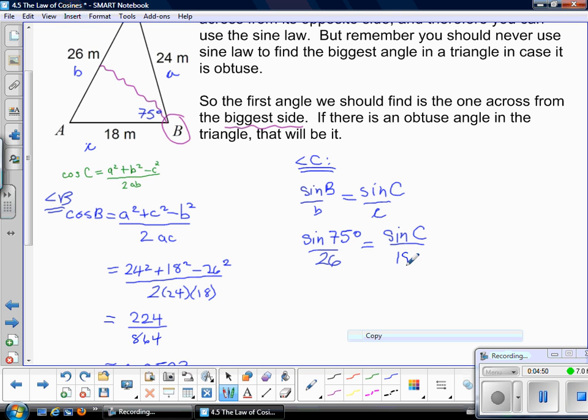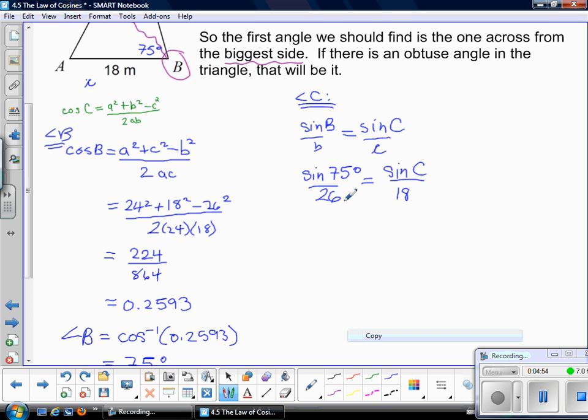So again, it's a matter of cross multiplying and then dividing. So I'm going to do 26 times the sine of C equals 18 times the sine of 75. And this is an equal sign, by the way. And I need to get sine C by itself, so I'm going to divide both sides by 26.